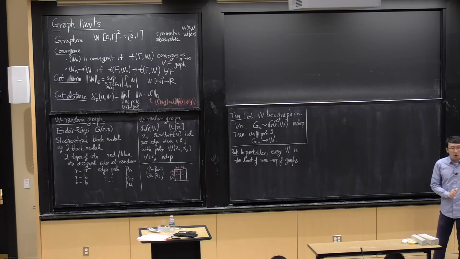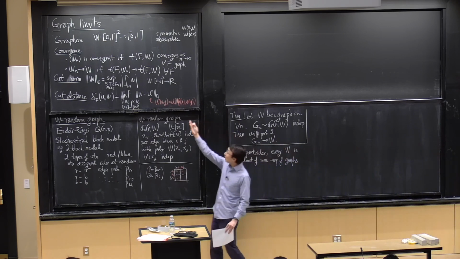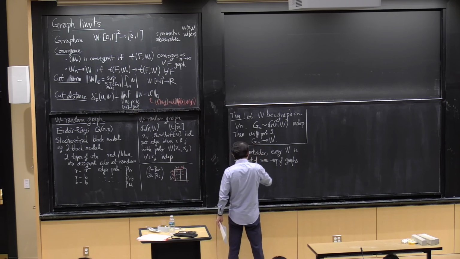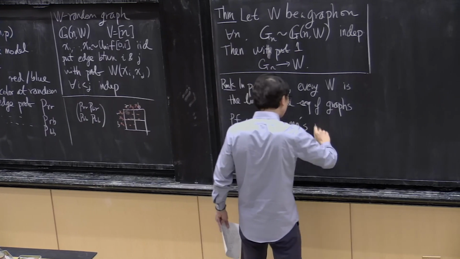Okay, so I'm not going to prove this theorem. The proof is not difficult. So using that definition of subgraph convergence, the proof uses what's known as Azuma's inequality.